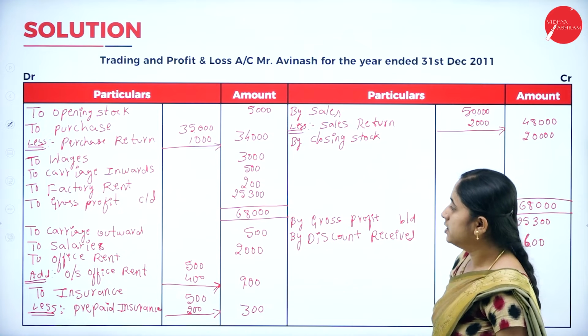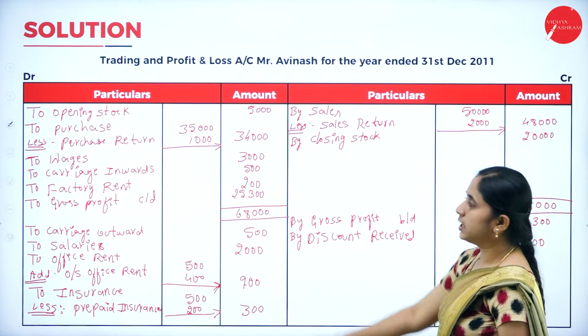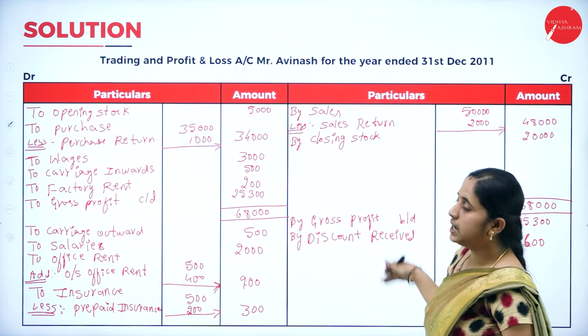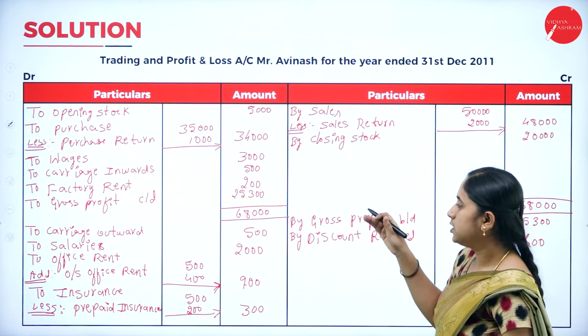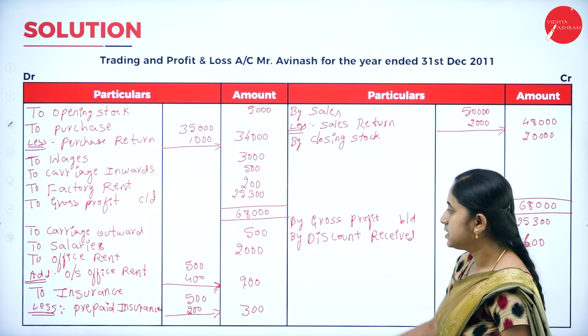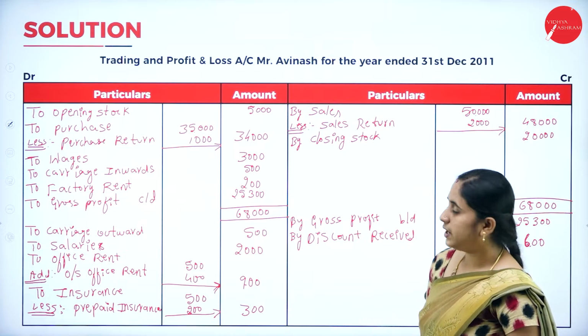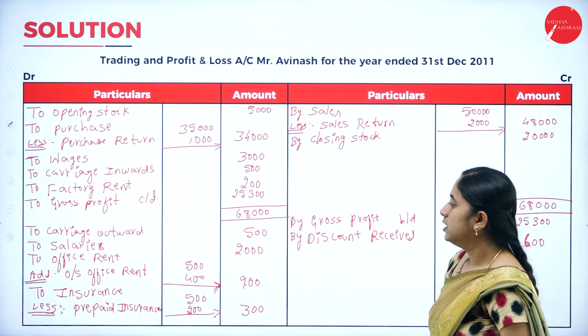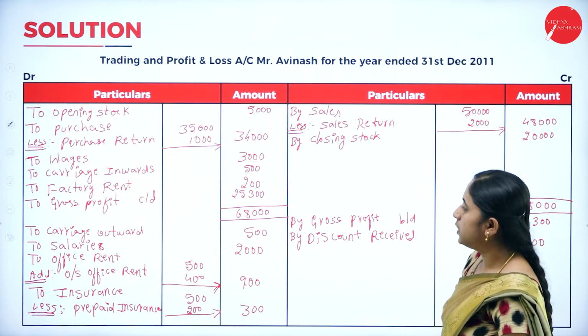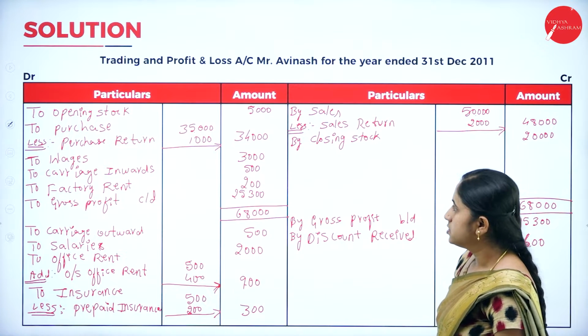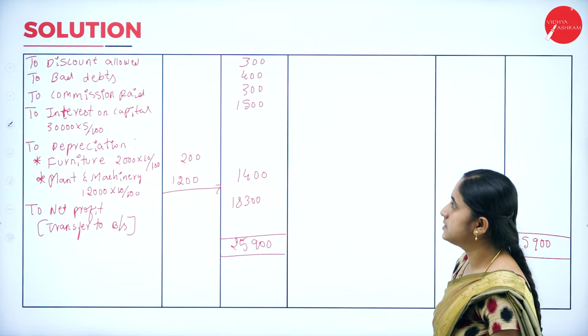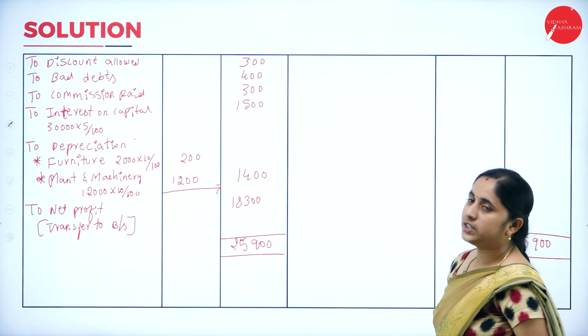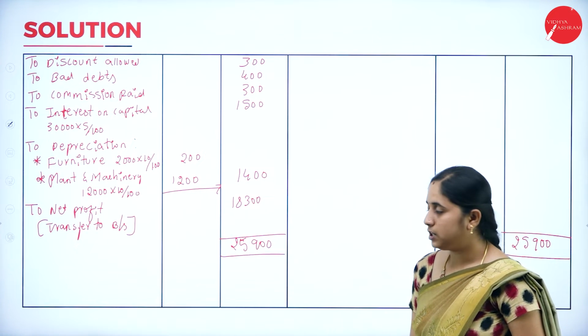After the trading account, come to the profit and loss account: all the indirect expenses and indirect income. You'll write all the indirect expenses with adjustment. If any adjustment, just write the adjustment, whether you need to add or deduct. After recording all this, just find the difference, whether net profit or net loss.